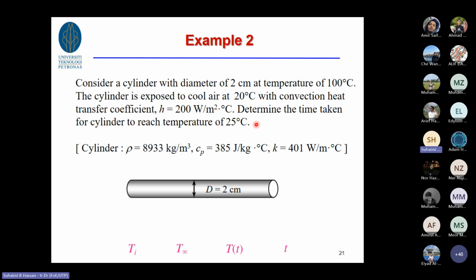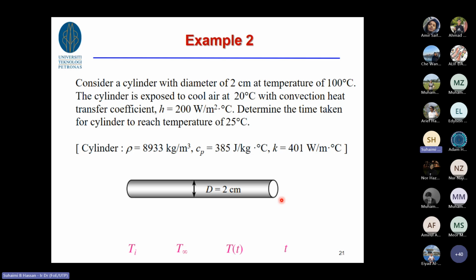So meaning to say that the cylinder is exposed to the cold air at 20, starting at 100. And after certain time, it will drop to 25 because the surrounding is 20. So the issue is what is the time taken for the cylinder to drop from 100 to 25. All right.